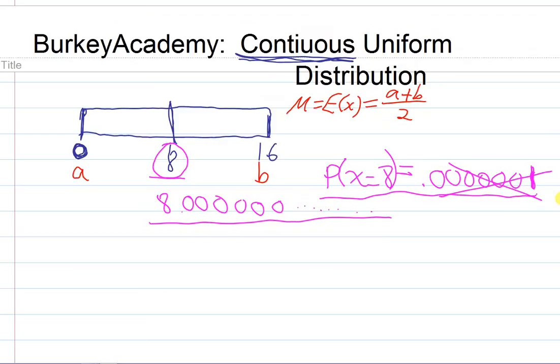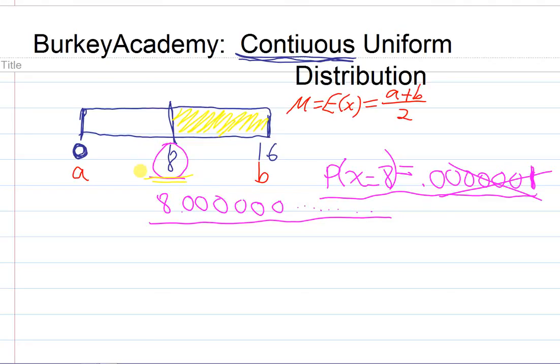Instead, what we're forced to do is what we've already done, and that is to ask the question, which does make sense: what's the probability that the amount of gas is between two numbers, between 8 and 16? Well, that's 50%. We can do that. But we can't analyze the probability of it just being equal to one exact number.